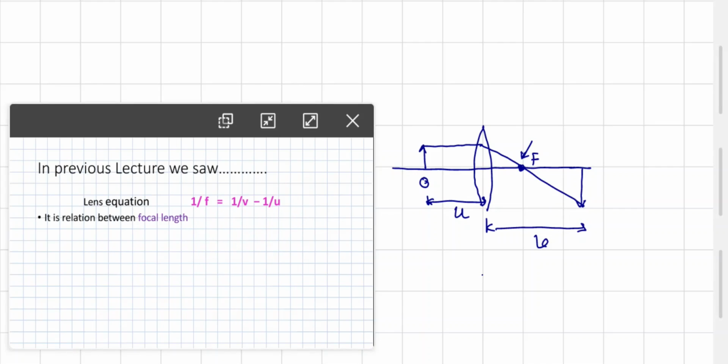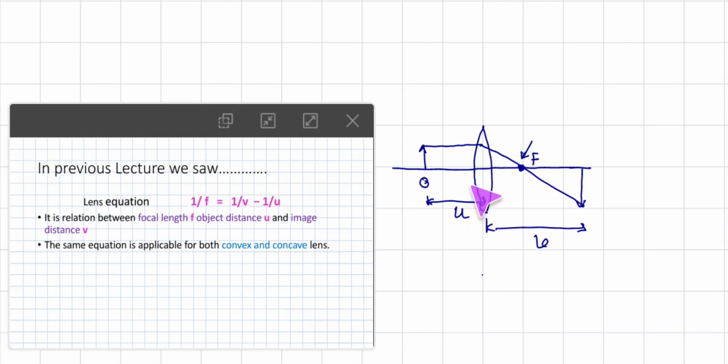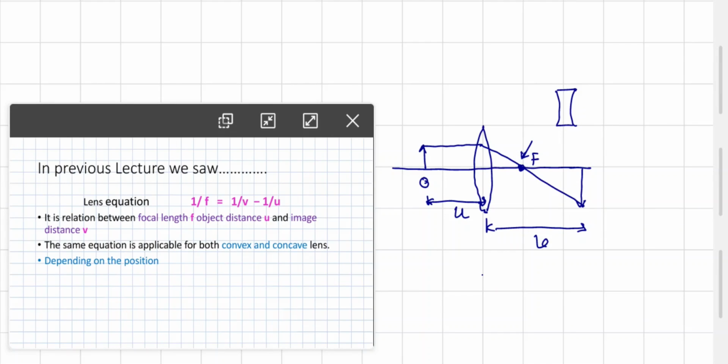Secondly, the lens equation is a relation between f, v and u. The same equation is applicable for both convex lens and concave lens. So you should remember that the same relation is used for the convex lens, and if you study the concave lens, the same equation applies.